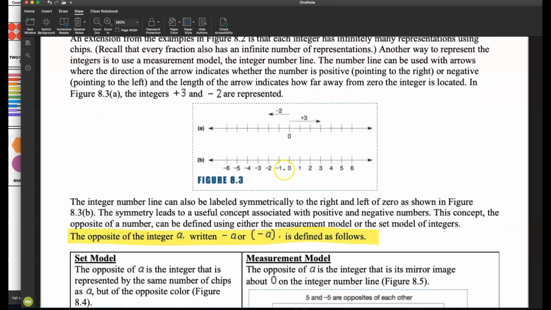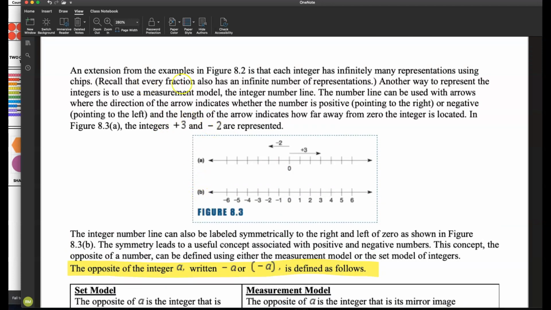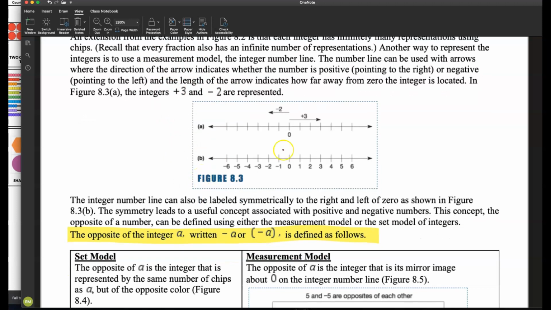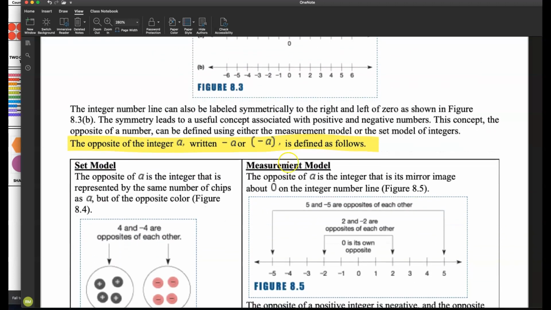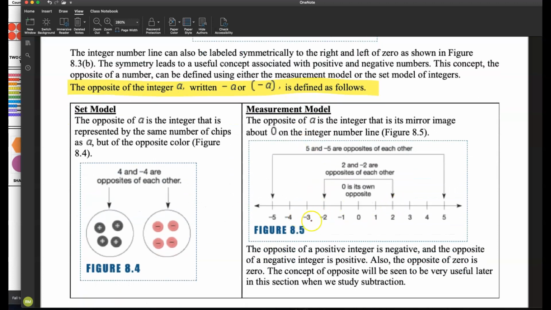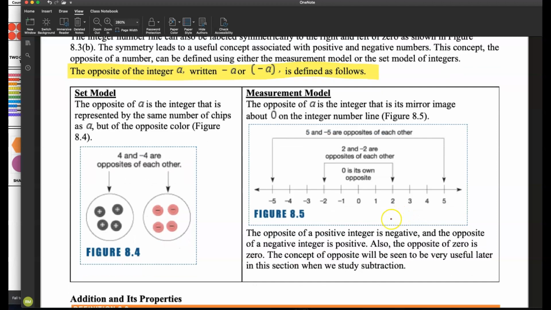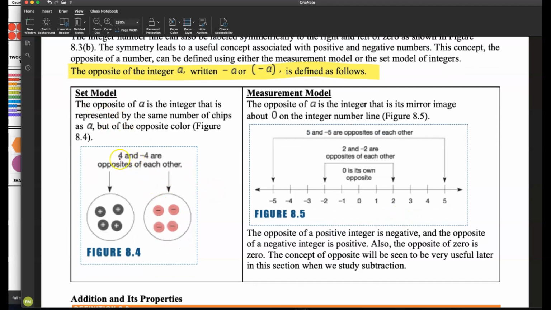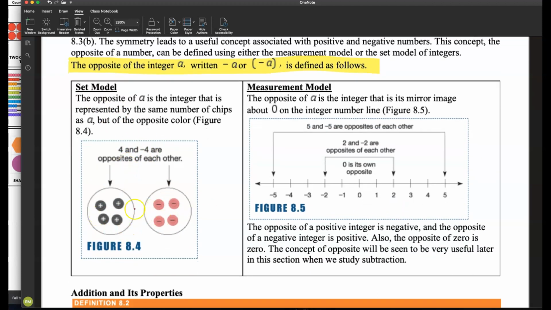And another way we look at it too, and again, I leave this text here so you can read it, is through what we call the measurement model, which is a number line. We measure things out. How far from 0 are you? And so in the set model here, -4 and +4, you can see the sets. So when we combine them, that would be 0.